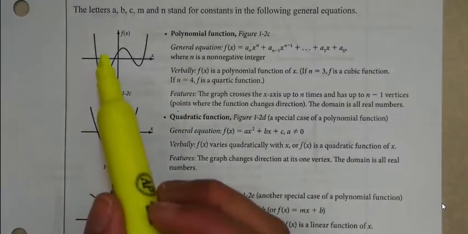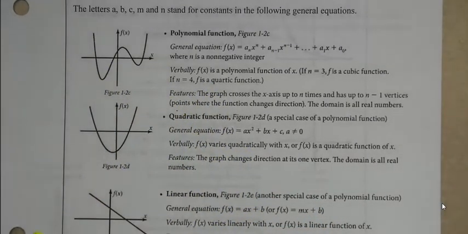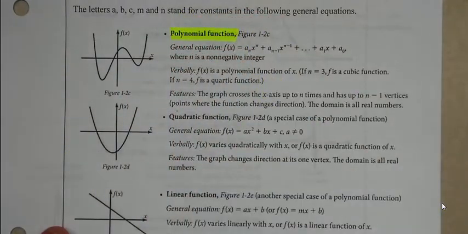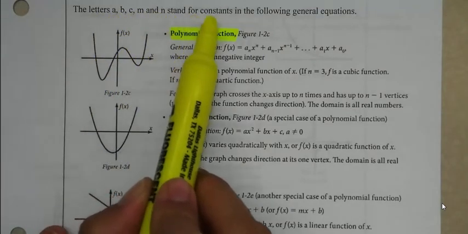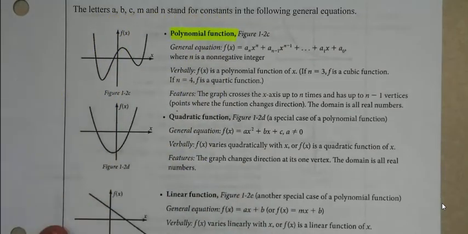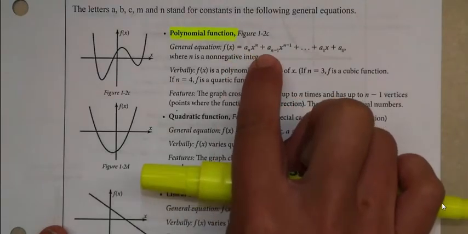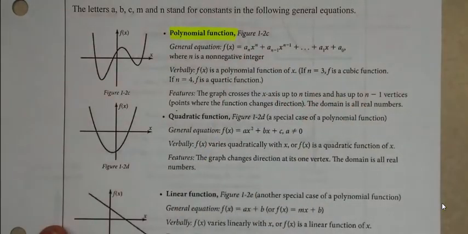Okay, so polynomial functions could be any degree, usually starting with x cubed or higher. So this is a polynomial function. There's a little note here, a, b, c, m, and n basically are constants or coefficients. So you can see here I've got coefficients like a to the n minus 1. The n and the n minus 1 are like what terms they are.